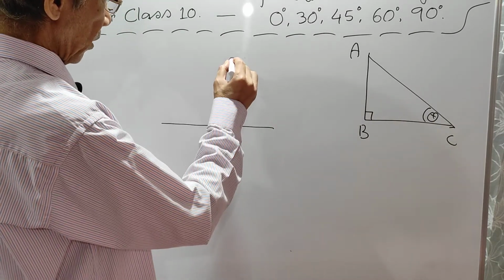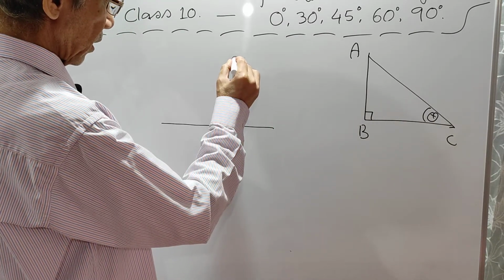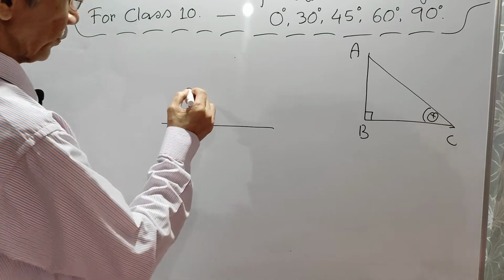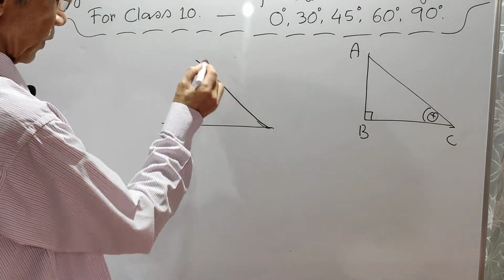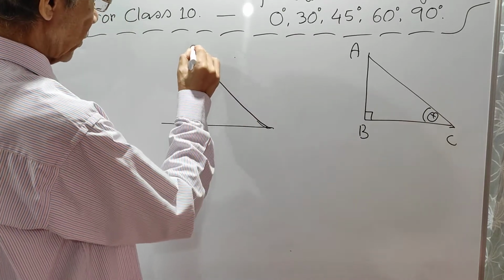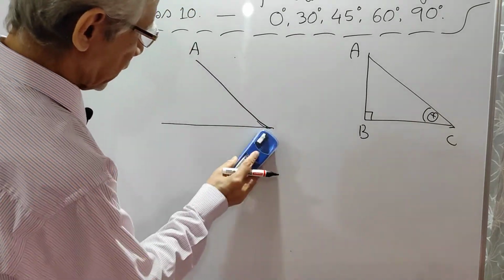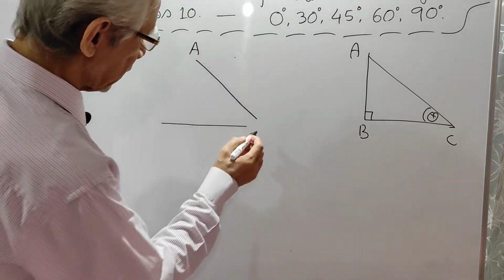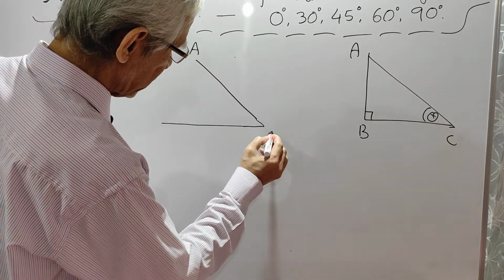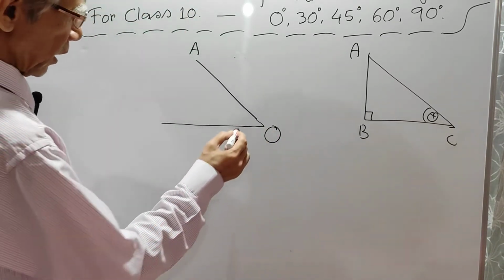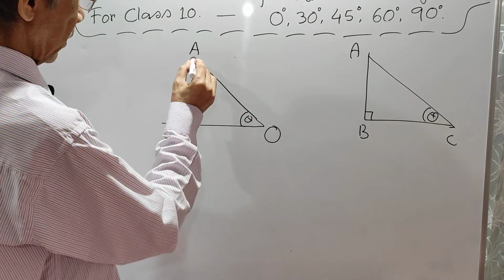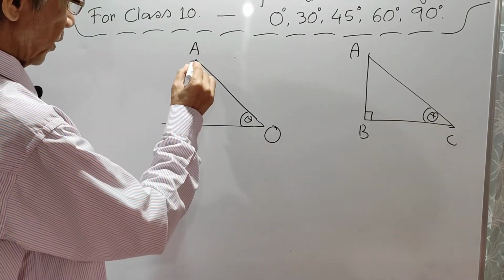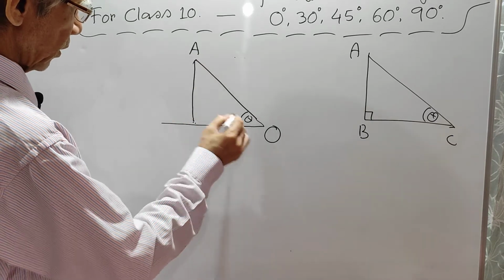Now consider this one. Suppose this is A, this is O. Now suppose this angle is theta. This is perpendicular OA.